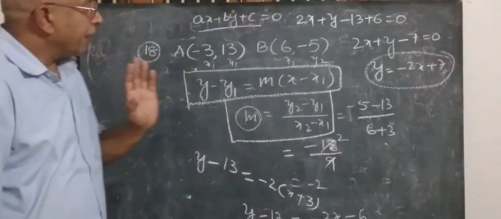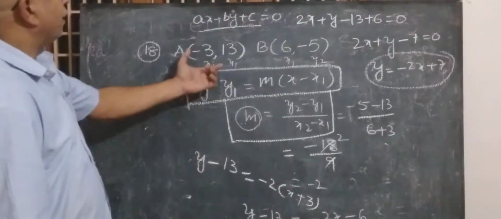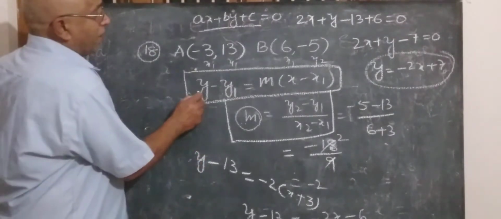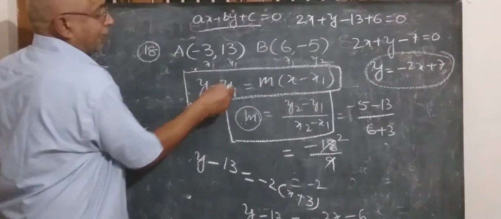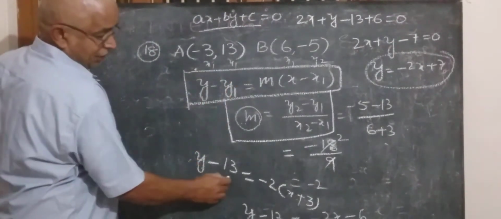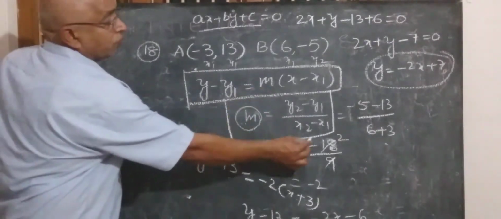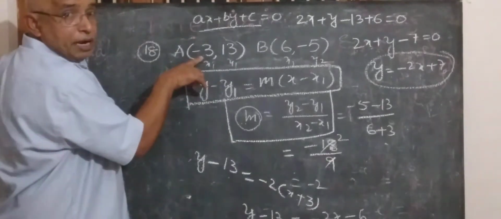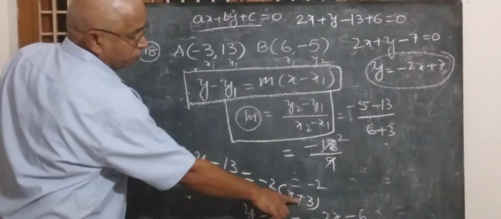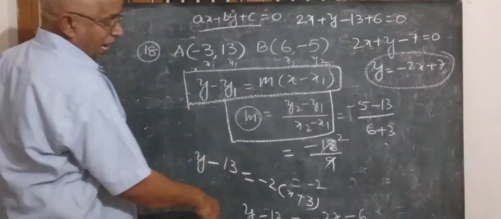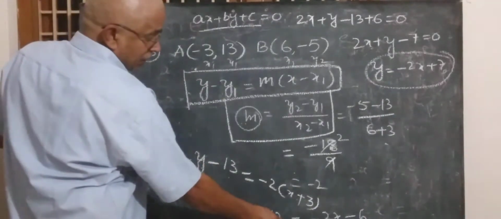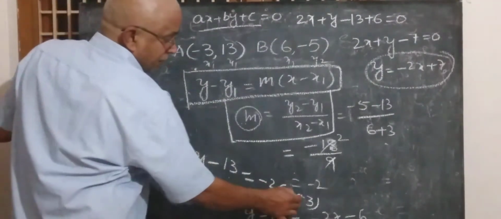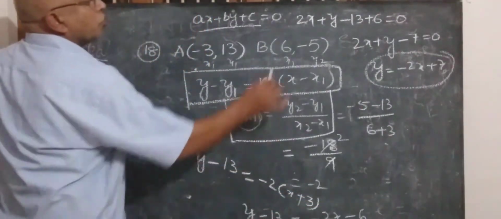Okay? Then now substitute the values. y minus y1 value 13: y minus 13 is equal to m value minus 2 into x minus x1 value minus 3. So minus minus becomes plus 3. Now write the equation: y minus 13 equals minus 2x minus 6.